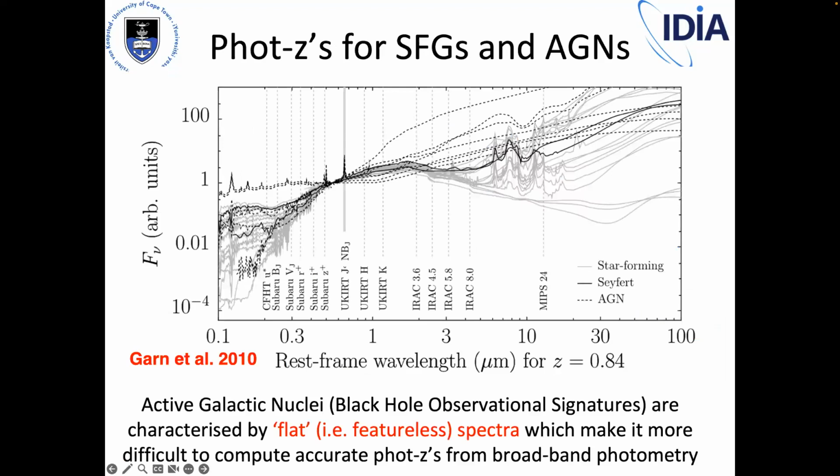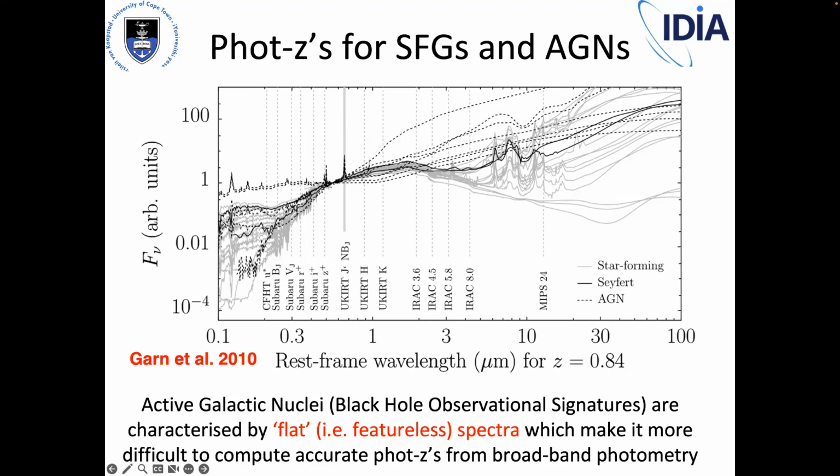And this is a short visual illustration of why it is subtly more difficult to measure photometric redshifts for AGNs than it is for star-forming galaxies. The classic SEDs of star-forming galaxies are shown by solid lines. So all these solid light lines are star-forming galaxies.